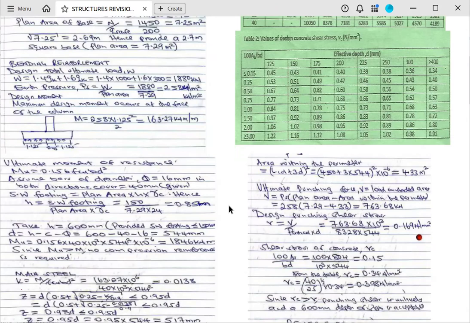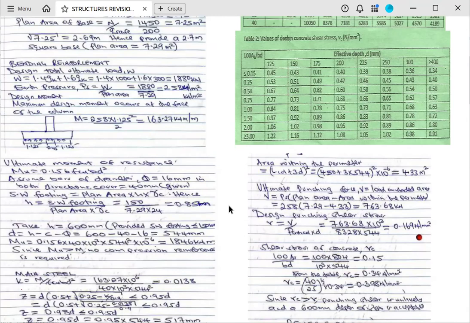The condition is that when you are computing the thickness or the overall depth of this footing, you must ensure that the assumed self-weight is not exceeded. Remember, when we take a value of 600 millimeter, the value will be below the 150 kilonewton given. So for practicality purposes, we can adopt the 600 millimeter.